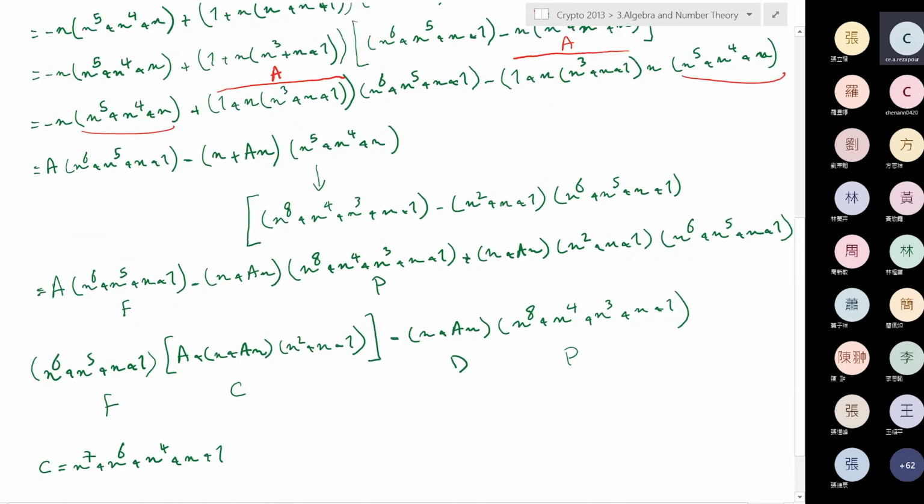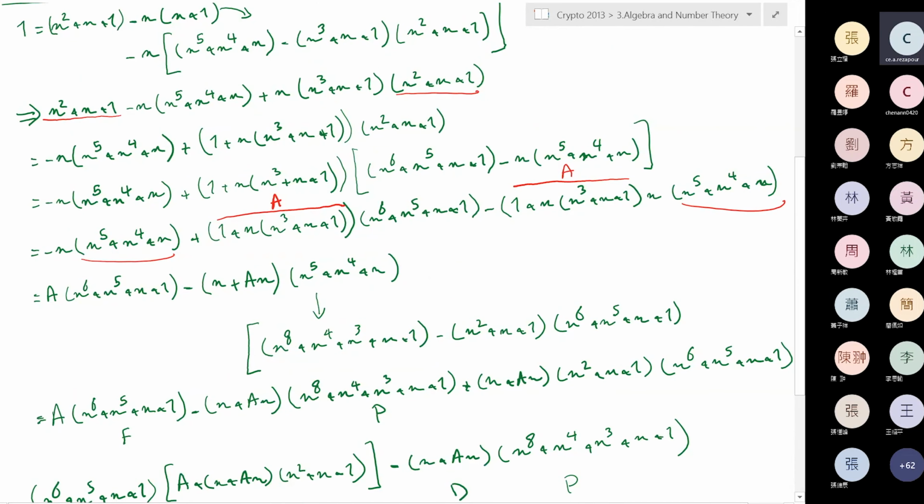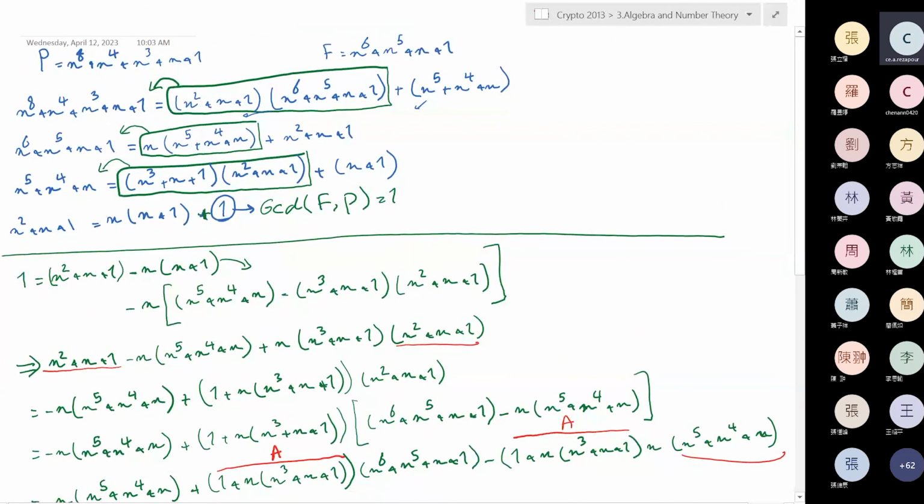So as you see, the computation is a little bit tedious. So let me recap what we've done. We started with our P over here and our F, whose inverse we are interested in finding.